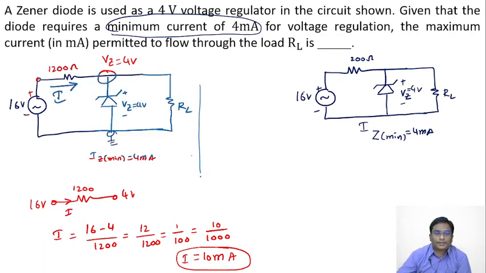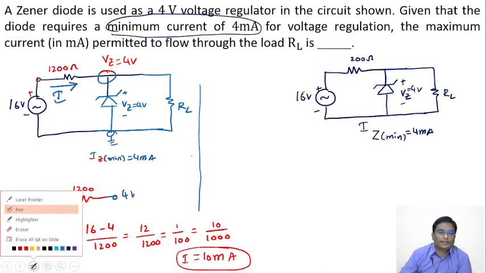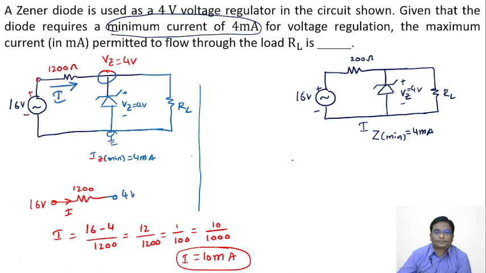Everyone notice one point here. This current supplied by the source is always constant; the 10 milliamperes is constant. When this diode current becomes minima, this load current becomes maxima, and vice versa.